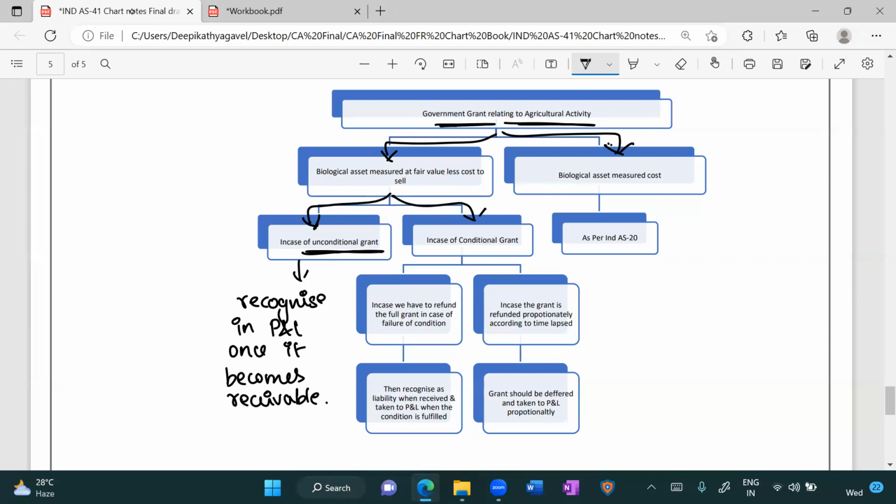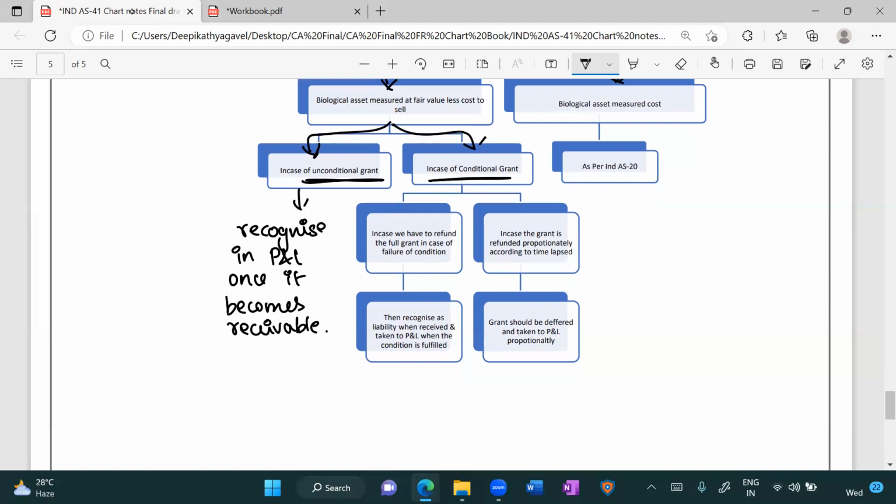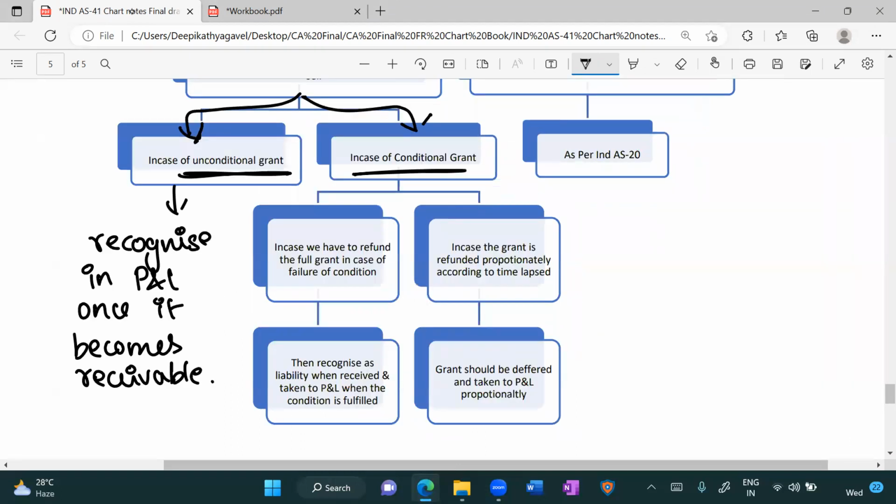But if your government grant is conditional, that is, certain criteria need to be fulfilled, or the government says that this activity needs to be done in the next 5 years, there's some condition attached to that grant. In that case, you need to see whether on breach of such condition, the amount is going to be refunded fully or refunded proportionately.